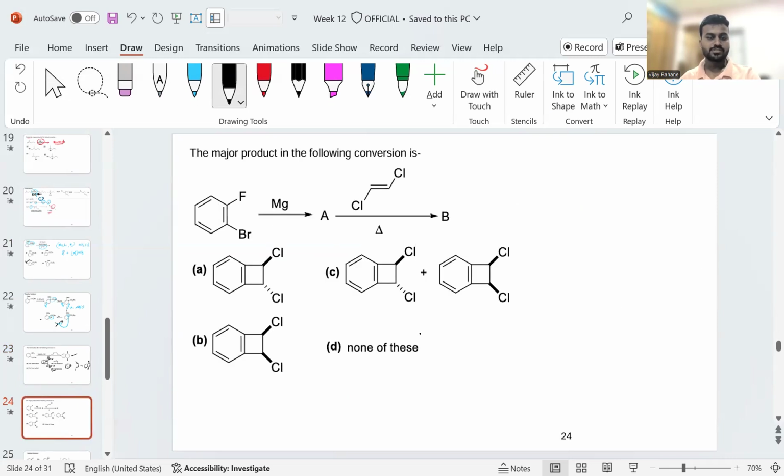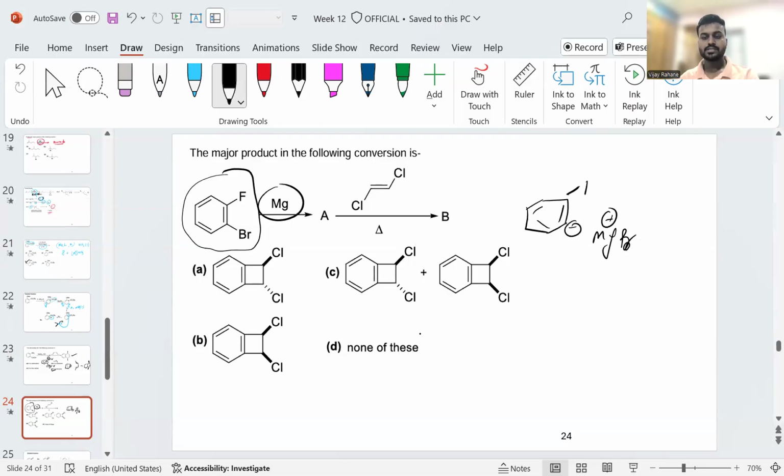In the next question it is also the same. The Mg reacts with this compound. The bromine has more affinity. Sorry, this bond is more feasible to break in place of the magnesium metal. So this forms the negative charge and the MgBr positive. Here there is a fluorine and this fluorine gets eliminated again. It forms the benzyne in this case also.